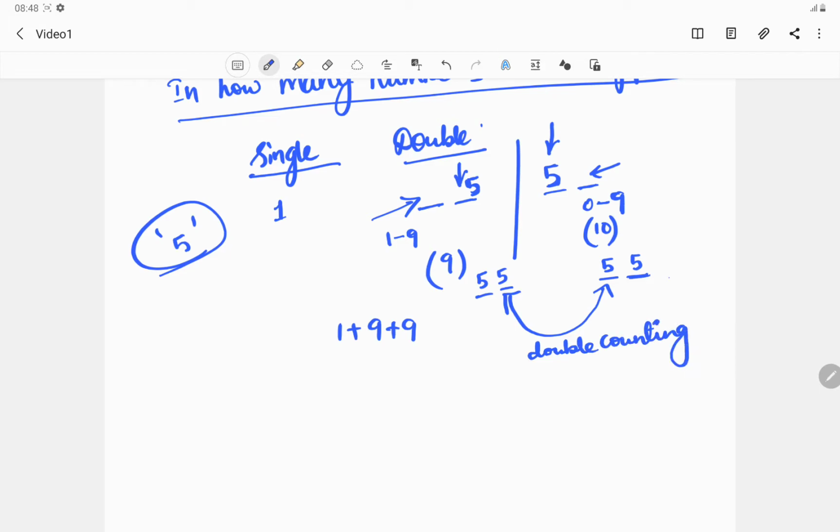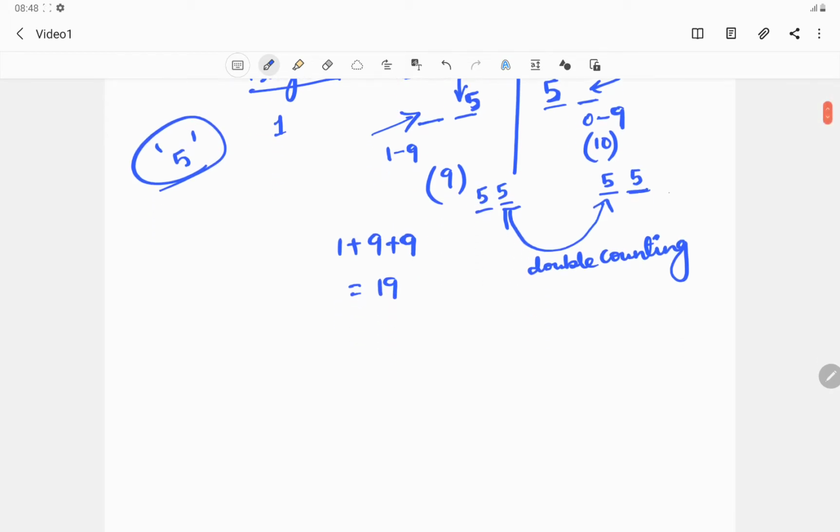So we need to count it only once. That's why instead of 10 I have taken 9 over here. So the total will be 19. There are 19 such numbers that contain the digit 5.